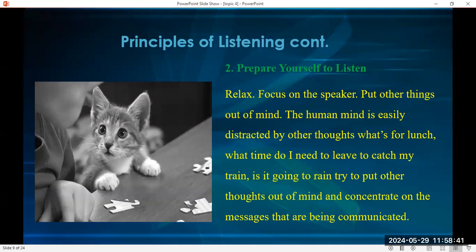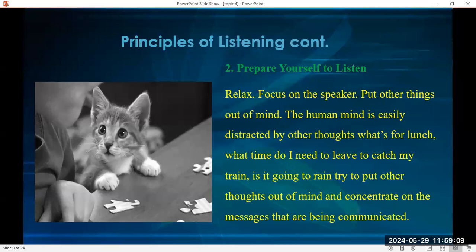For example, you may ask yourself, what is for lunch? What am I going to take for lunch? What do I need to leave to catch my train? That kind of question. Did I leave my car door open or closed? That time, maybe I'm speaking to a student, or maybe a student is speaking to me.